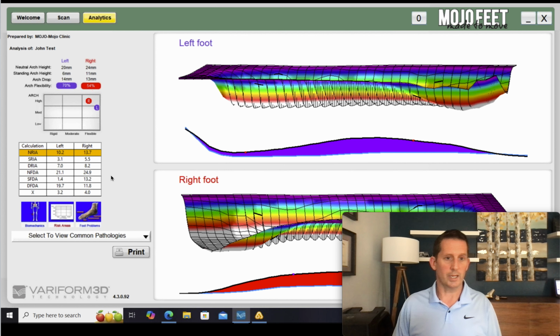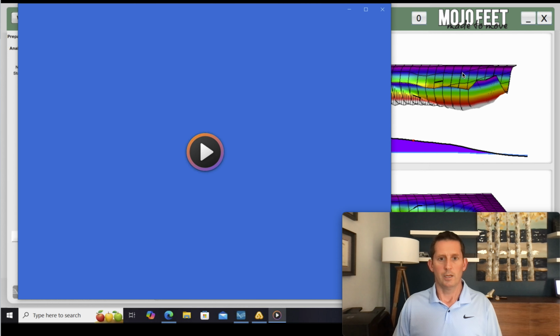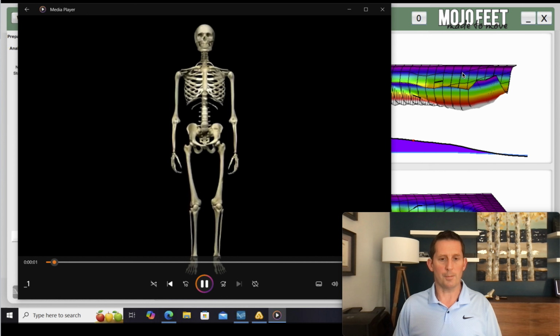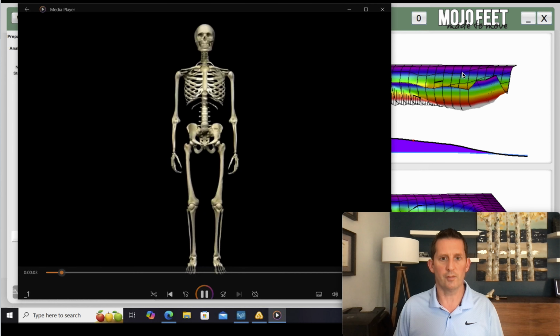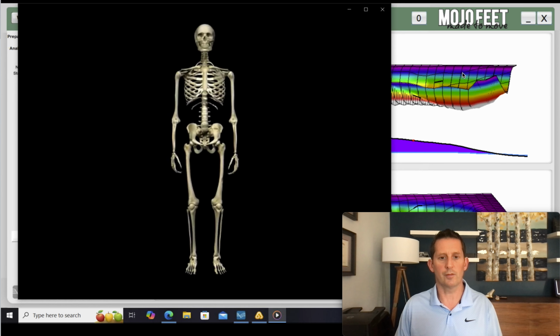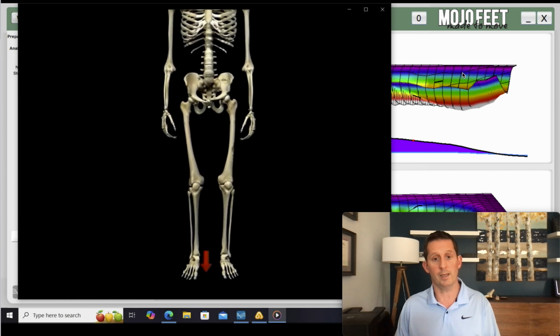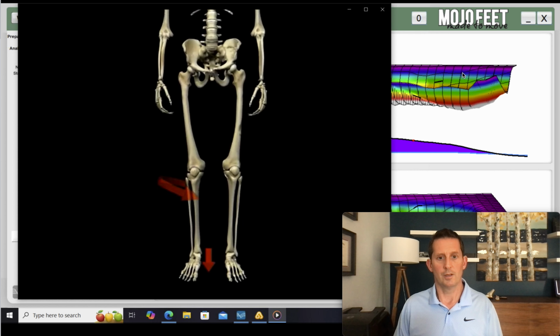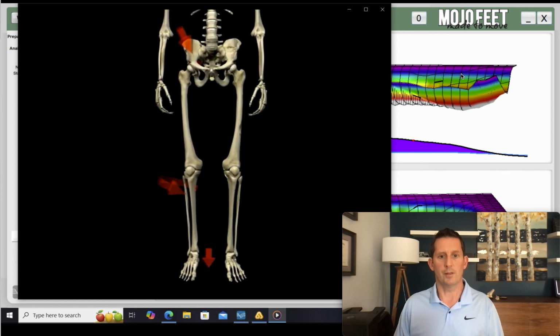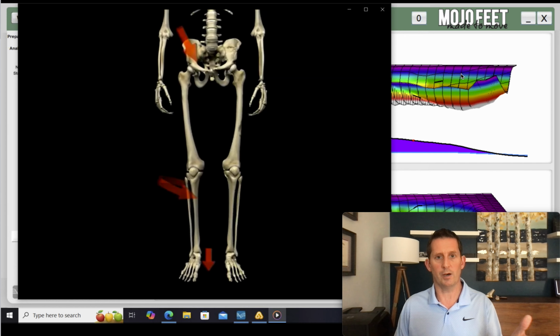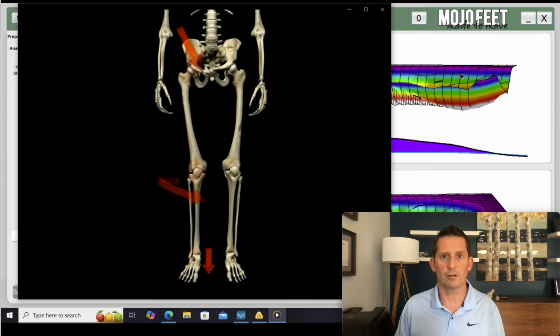Helping the patient along, to illustrate the importance of some of this stuff, we have this biomechanical analysis video, which is the little skeleton guide down on the bottom left. I'll click on it, and up will pop a video doing some of this talking and explaining for you. It shows that when the foot collapses, the tibia rotates inward, the knee comes in with it, the femur and pelvis on that side also come in and internally rotate.